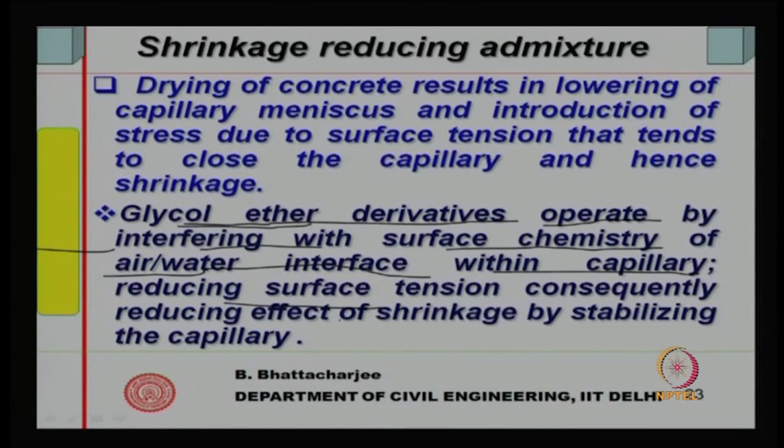This simply changes the surface tension of the water, or the air water interface within the capillary, and therefore surface tension is reduced and shrinkage action is reduced. So, that is what it does. It does not have a tail which can entrap air, so no bubble formation could occur, but only surface tension reduction will occur.